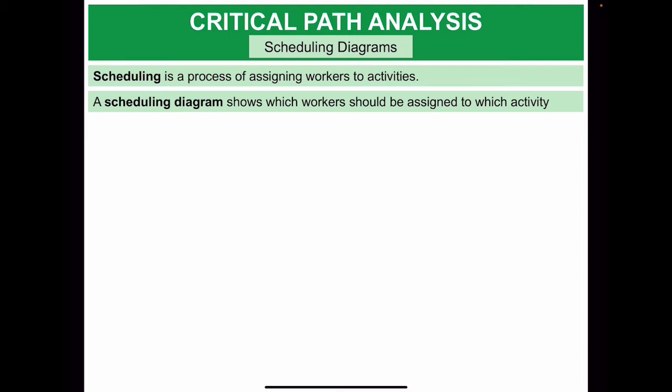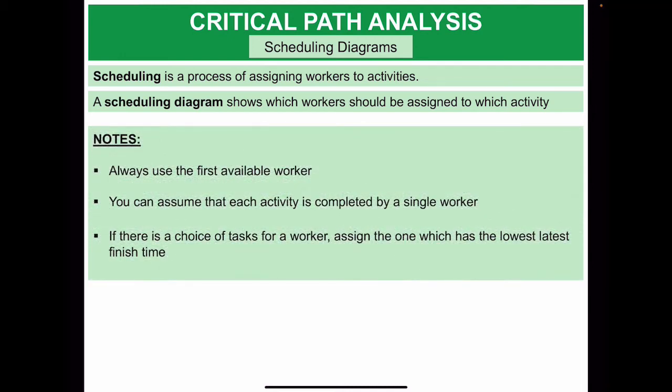So the scheduling is a process when you assign the workers to activities. You might remember what I said before, that you always assume that each activity is completed by a single worker. You always use the first available worker that is in the group. And if there is a choice of tasks for a worker, you will assign the one which has the lowest latest finish time.